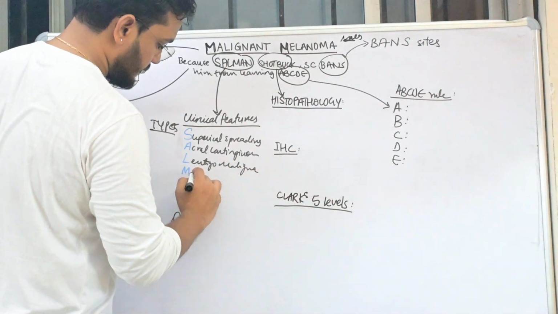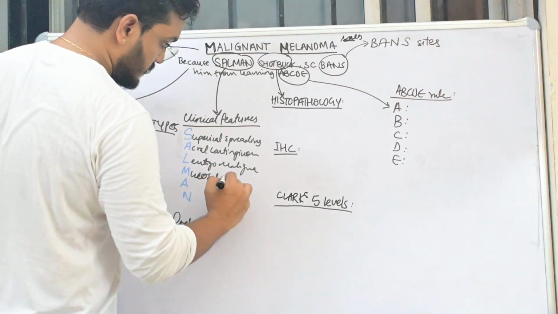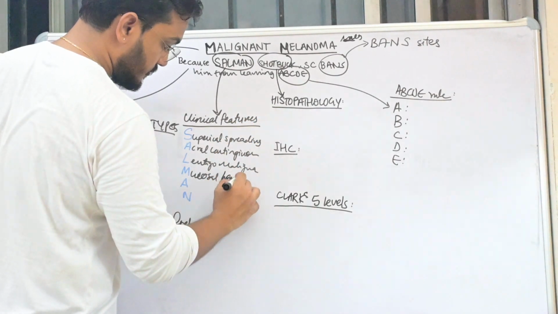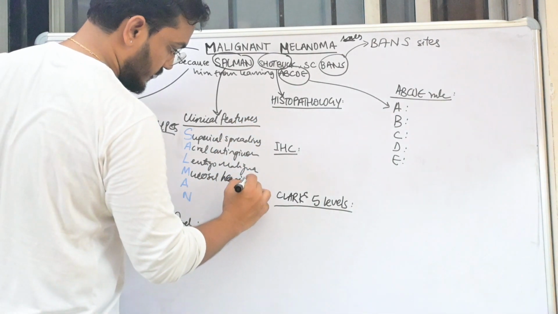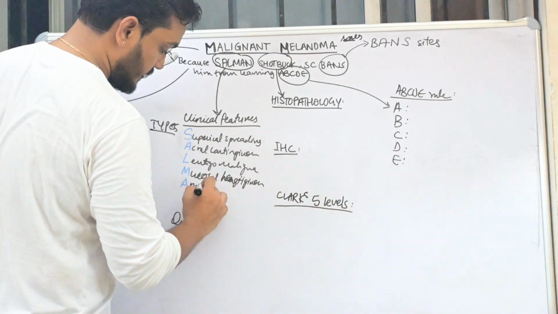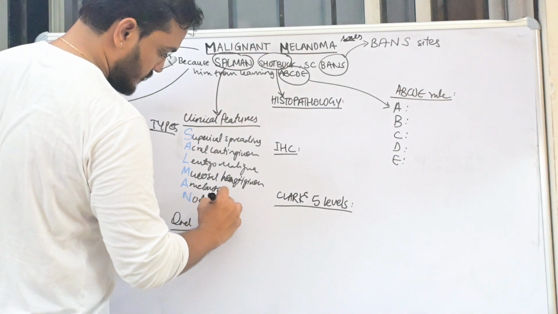M stands for mucosal lentiginous. A stands for amelanotic. N stands for nodular.